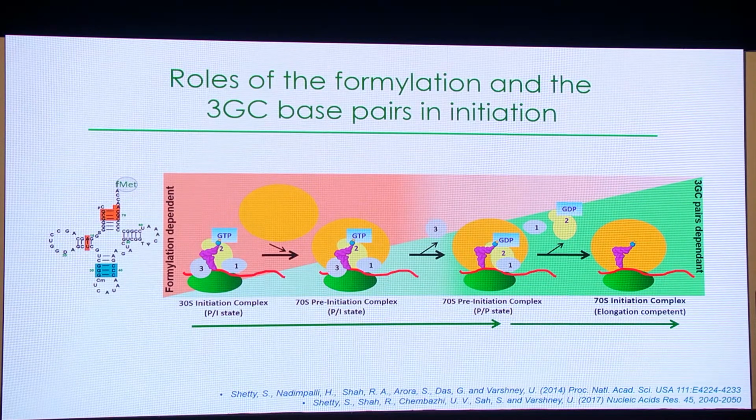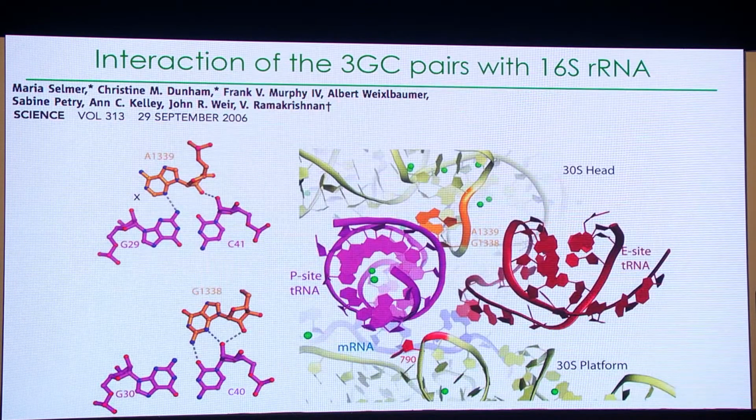Now, how are these 3 GC base pairs doing all of these activities? In this famous paper from Ramakrishnan's lab, it was observed that in the initiator tRNA, these 3 GC base pairs interact with 2 nucleotides, G1338 and A1339, in the head region of the 30S subunit, and they make A-minor interactions.